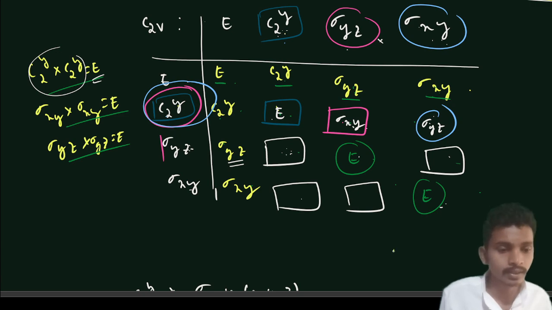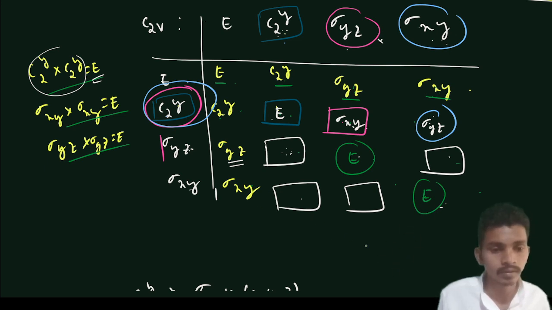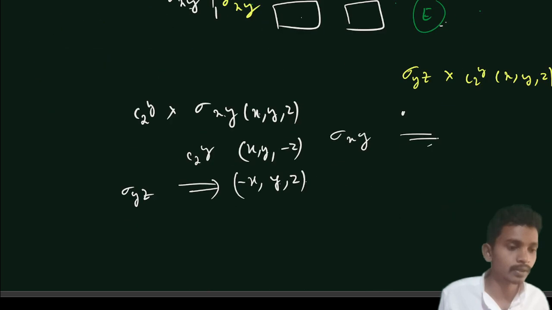So let's say cyz into c2y. So here x, y, z. Okay, so c2y means this becomes minus x, and this will be z.